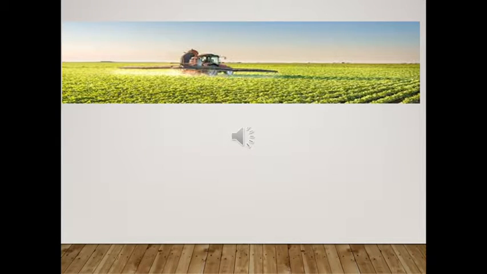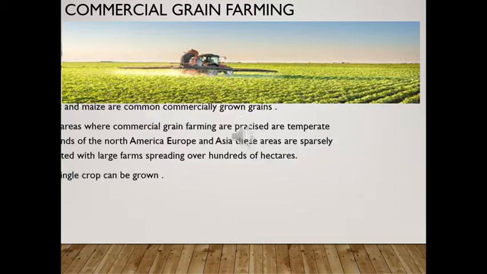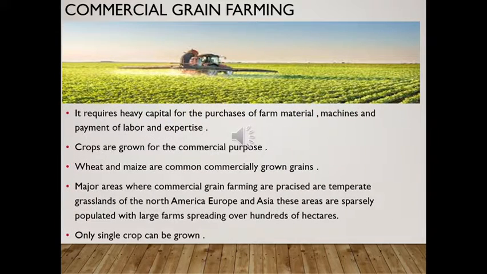Commercial grain farming. In this farming, crops are grown for commercial purpose. Only a single crop can be grown. Wheat and maize are commonly grown commercial grains. Major areas where commercial grain farming is practiced are temperate grasslands, the prairies of North America, Europe, and Asia.